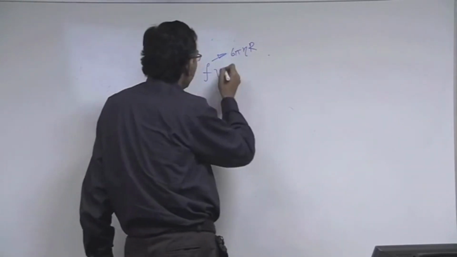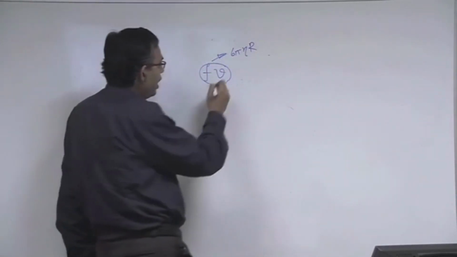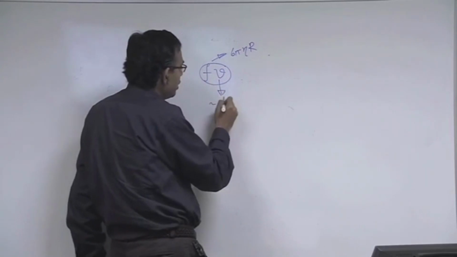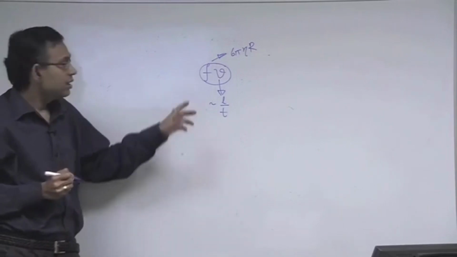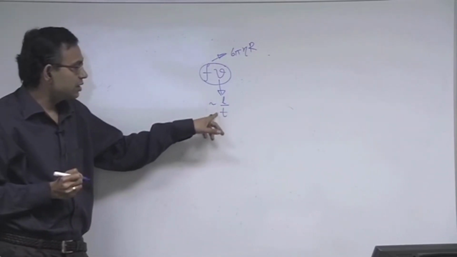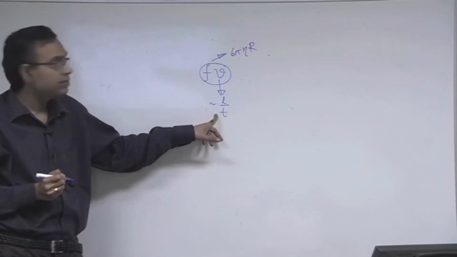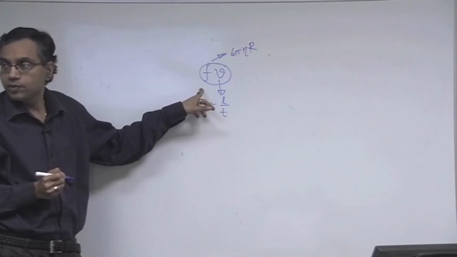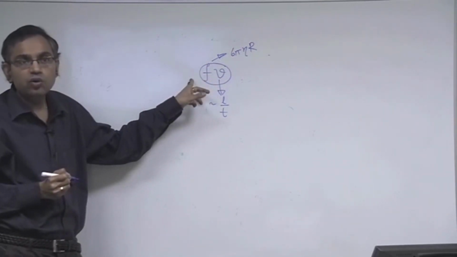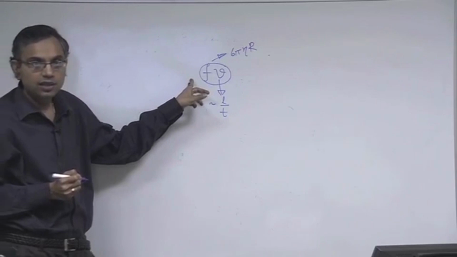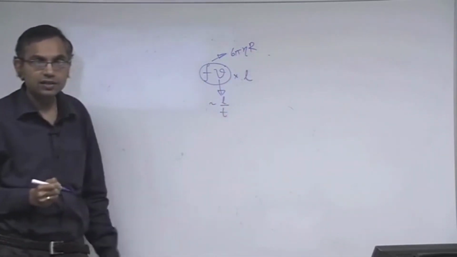See, V scales with L by T, some characteristic length traversed by the ions over some characteristic time. This is the drag force. What is the work done to overcome the drag force? This is force times the displacement, right.